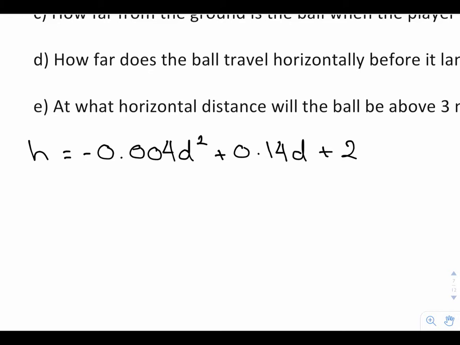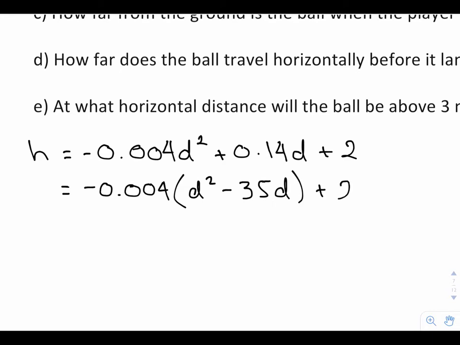I begin, because it is a complex trinomial, by factoring out my leading coefficient, negative 0.004, out of the first two terms only, and that leaves me with negative 0.004 times negative 35d plus d squared, plus 2.